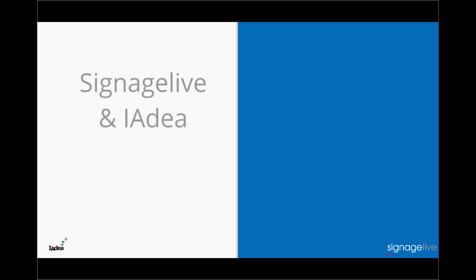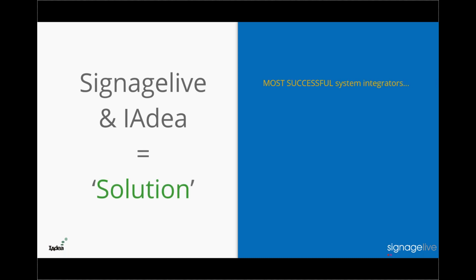Yeah, so how do we achieve success? I've touched upon this a little bit since starting the conversation today, but effectively think of Signagelive and IAdea as giving you the solution, and putting that solution together is down to you guys and our partners. I'll give you a use case of the most successful systems integrators or partners that we work with at the moment and why they are successful.